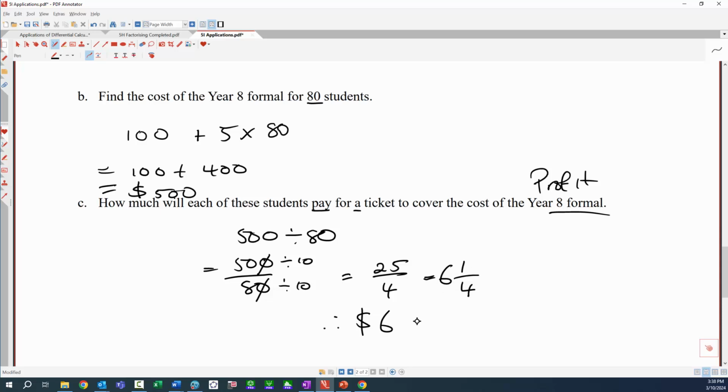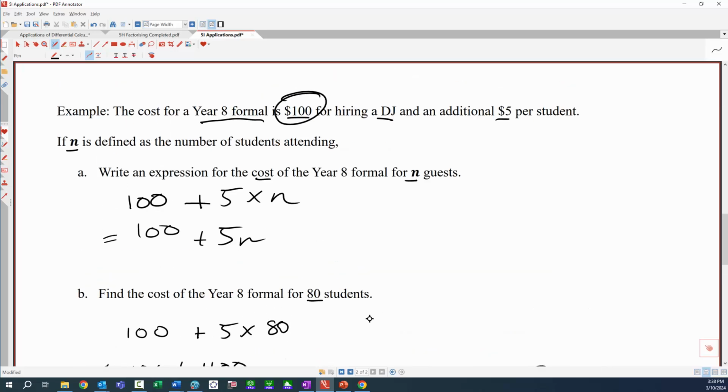So $0.25. Americans know this one really well because they have a coin that is called a quarter, and that means that it is a quarter of a dollar. So a quarter is worth 25 cents because a quarter of 100 cents is 25 cents. So $6.25 each.